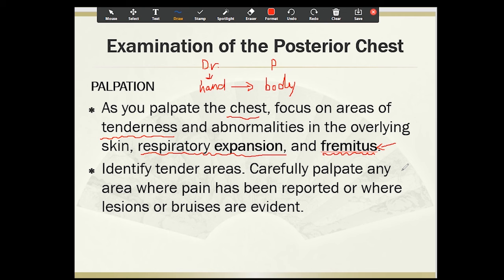And respiration expansion means when people breathe in, the lung will be moving, and you put your hand there and you can feel that kind of moving. So that's the palpation part. Certainly we're also looking for pain or tenderness.